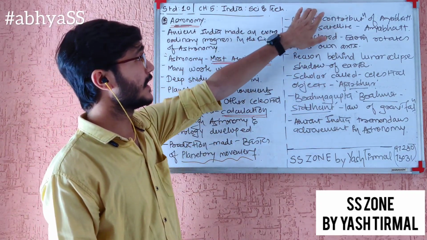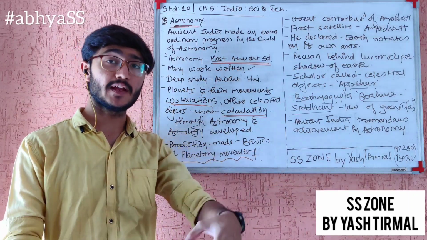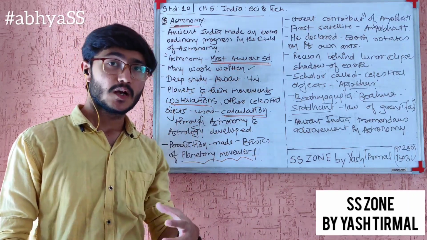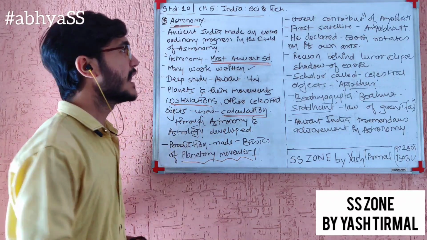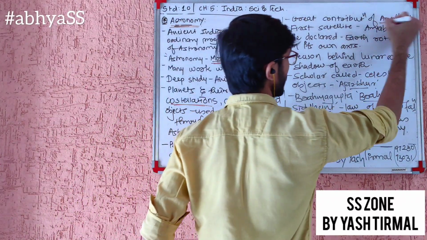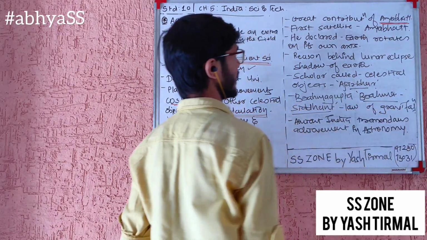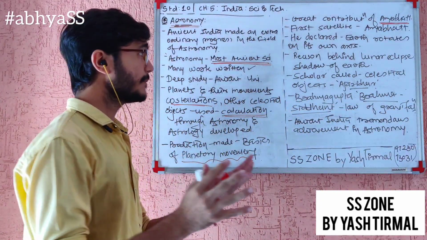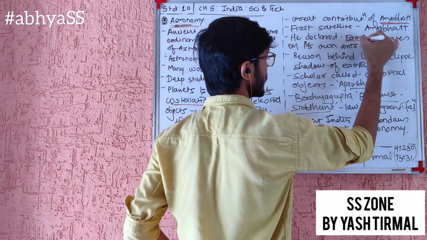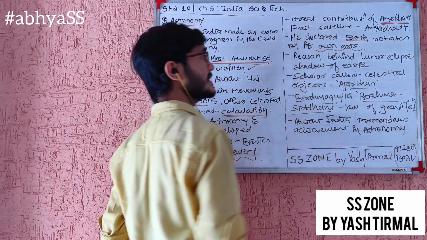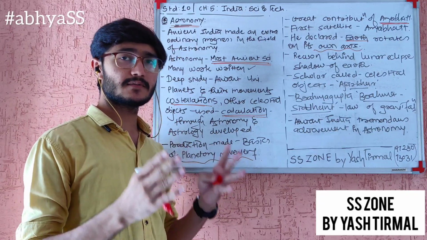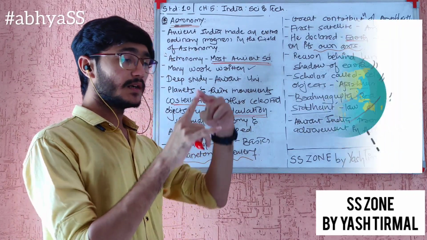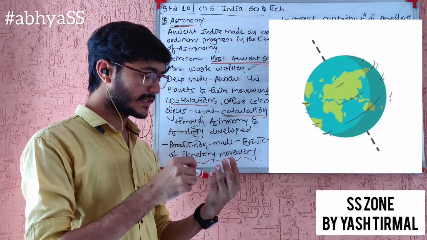Then in this field called astronomy, one of the great mathematicians, everyone knows him, that is Aryabhatta. He has contributed immensely. How did he contribute? He declared that the Earth rotates on its own axis. The Earth revolves around the sun, that was known, but the Earth also rotates on its own axis.